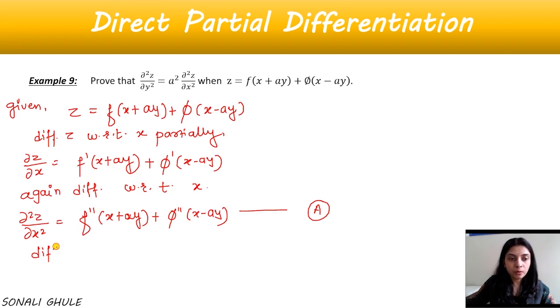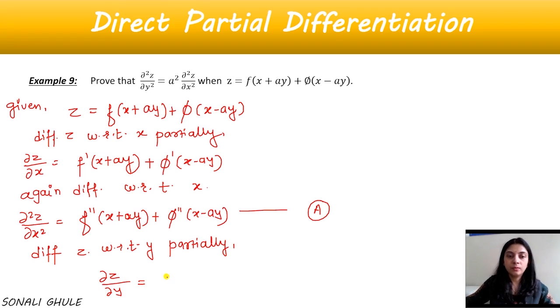Now to find ∂²z/∂y², differentiate z with respect to y partially. Partially means keeping x constant. So what is the derivative? ∂z/∂y is equal to, this is our z, differentiate this with respect to y. So this will be f dash of x plus ay into the derivative of this x plus ay with respect to y, it is a, plus phi dash of x minus ay, and the derivative of this x minus ay with respect to y, it is minus a.